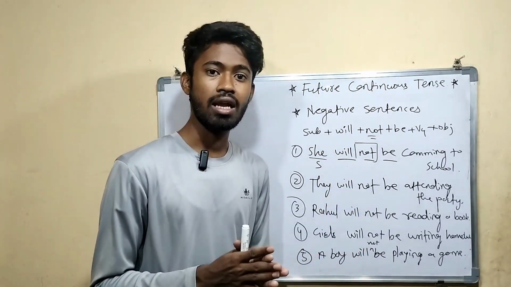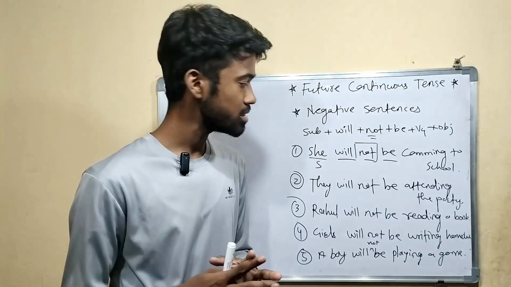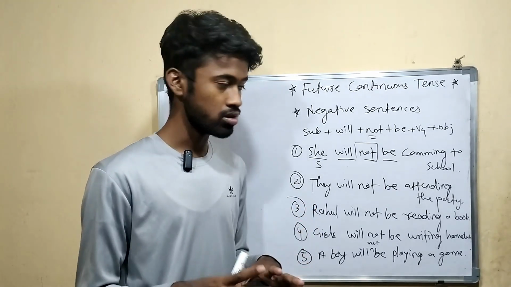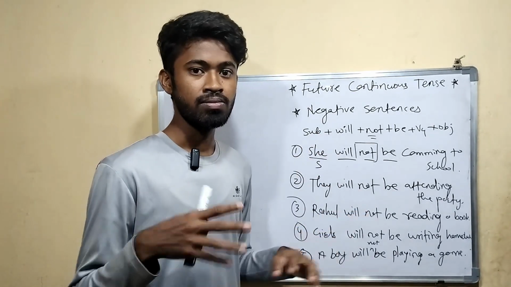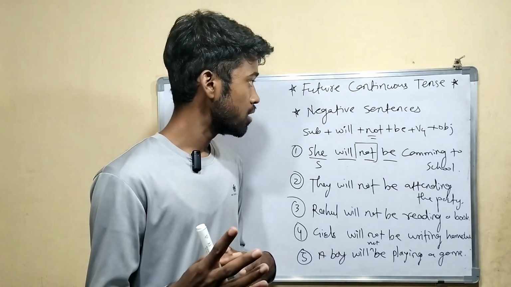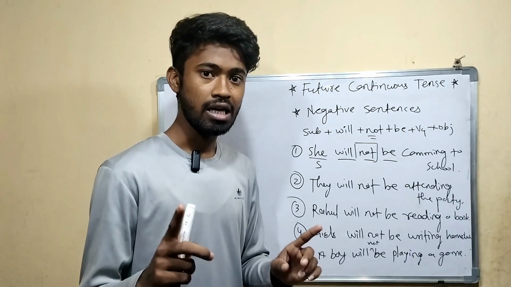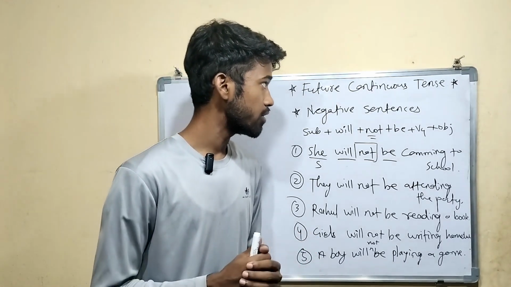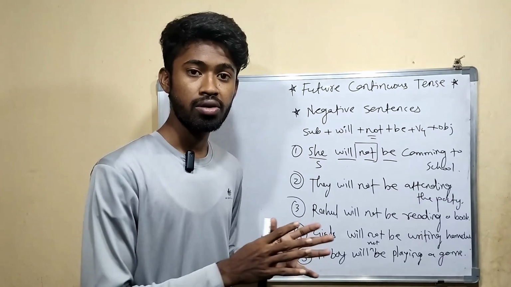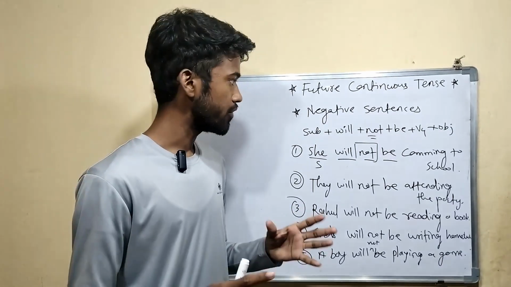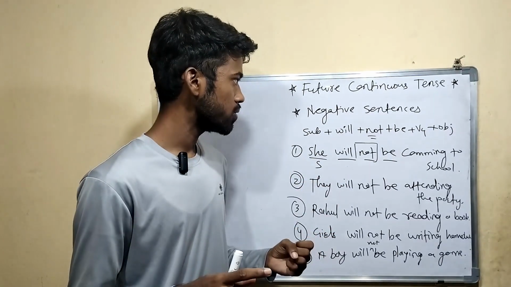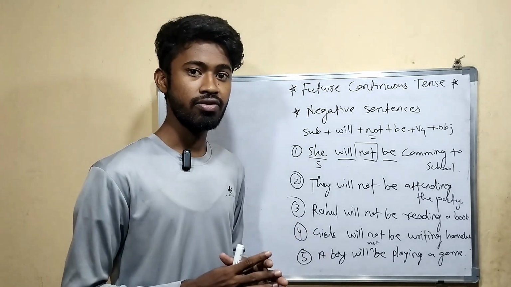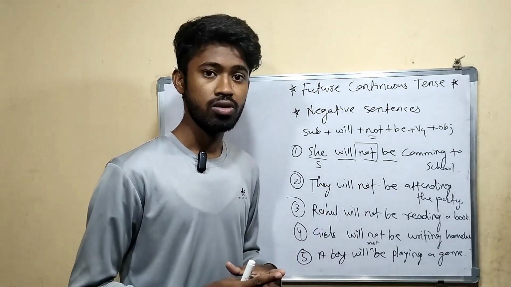This is the structure, and try to write your own sentences. At least 10 sentences you should write following this structure, and you should revise at least one time in a week. This is how you are going to master this tense. After this we are going to discuss verbal questions, and in the last we will discuss the WH questions.